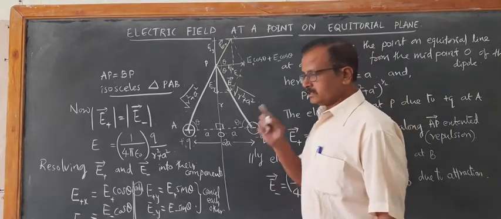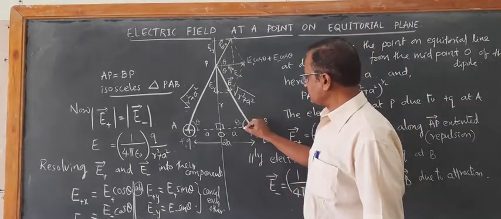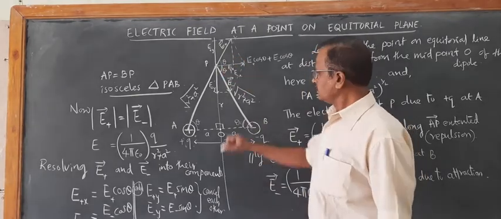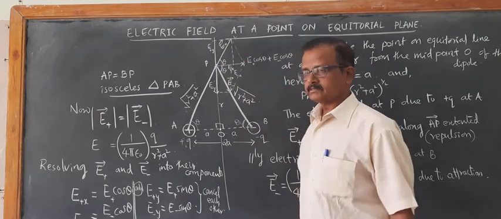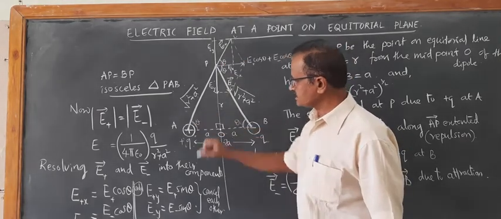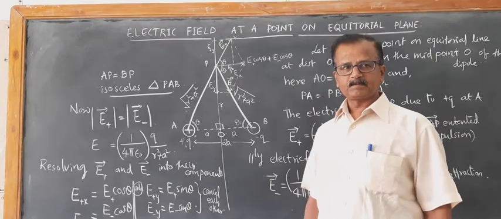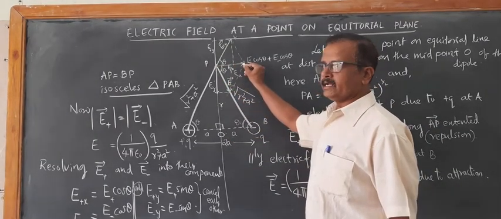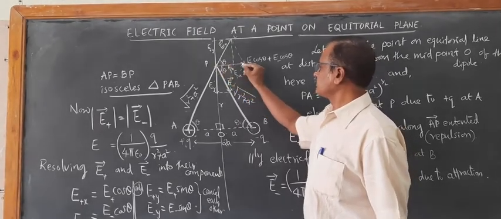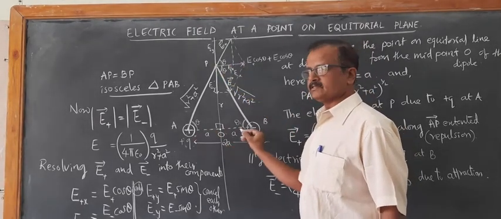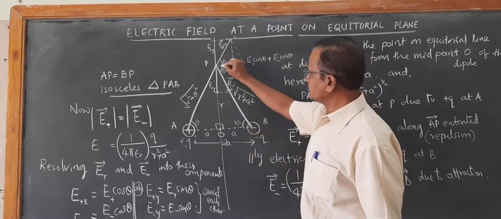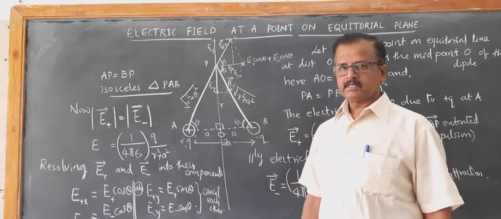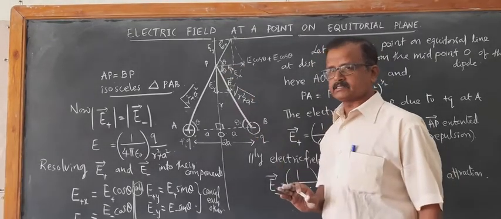Therefore, that is one way to say that the angle at this point B is the same as the angle here. These are similar angles. In another way, this resultant vector E at P is parallel to the dipole length. Therefore, these angles are equal because they are alternate interior angles.